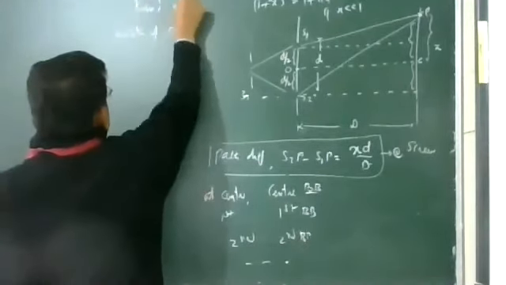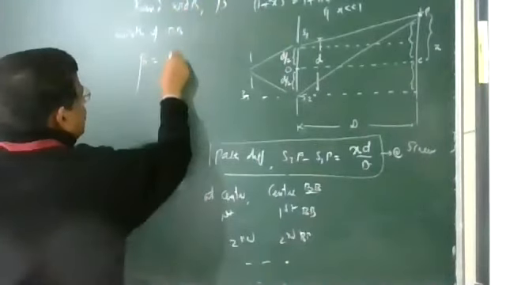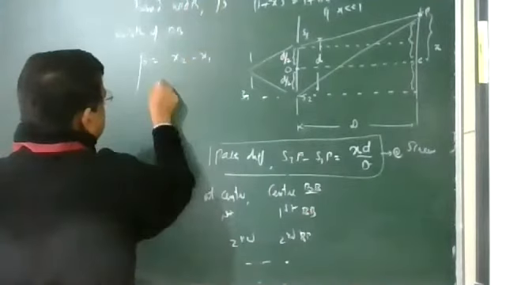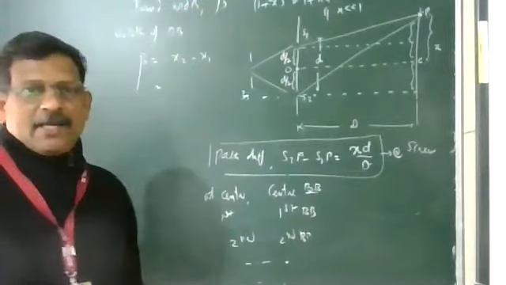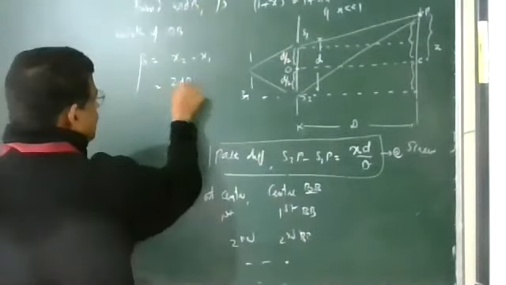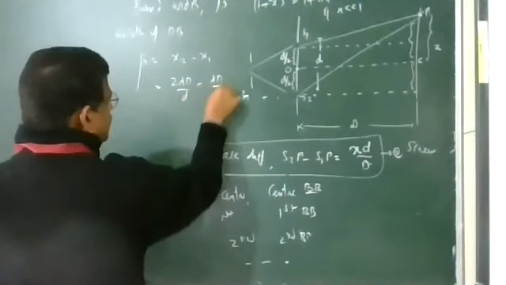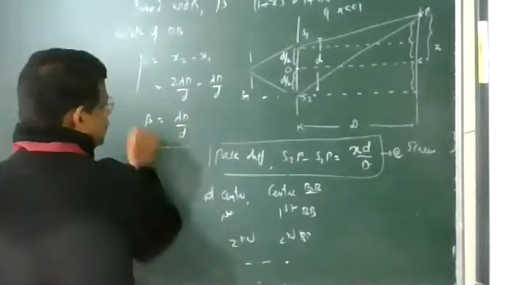Direct numerical: the bandwidth, represented by the letter beta, is equal to x2 minus x1, x3 minus x2, any xn minus xn minus 1. For x2 the distance is 2 lambda D by d minus lambda D by d. So the width of a band is lambda D by d.